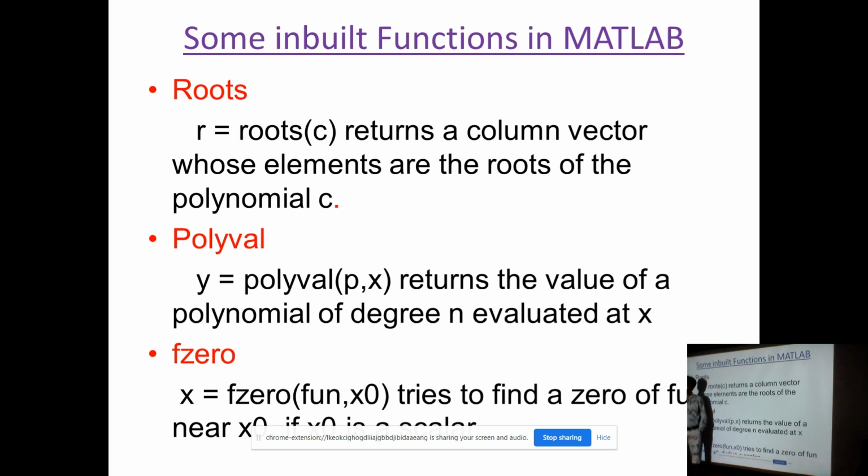For example, let's say 2x square minus 3x plus 1 is equal to 0. Very simple equation. For example's sake, I am saying 2x square minus 3x plus 1 equal to 0.